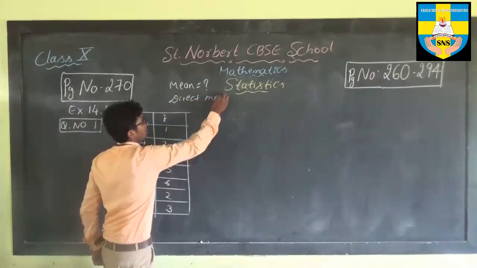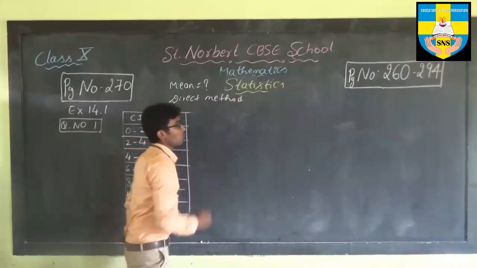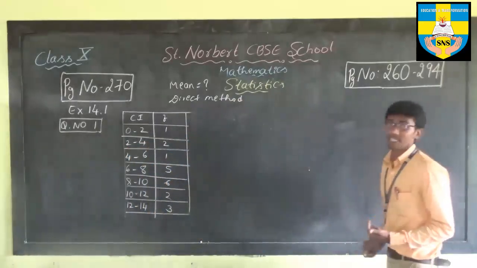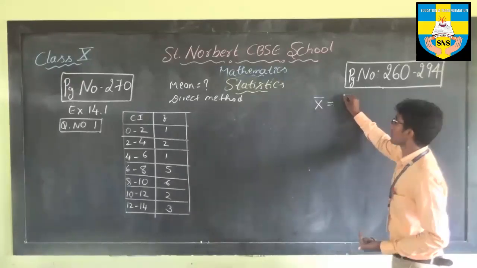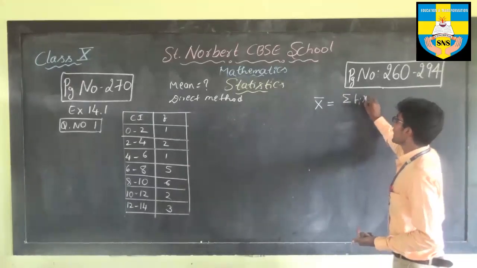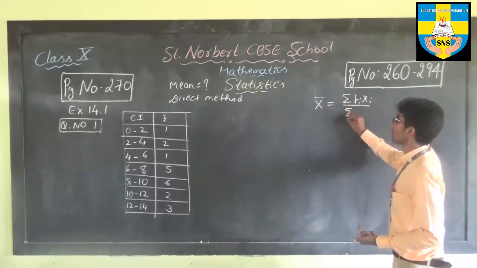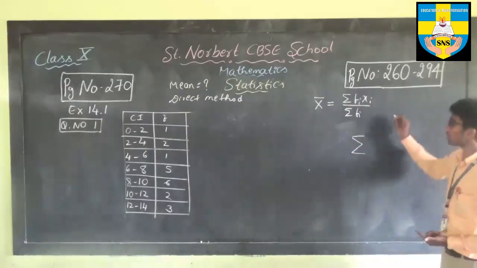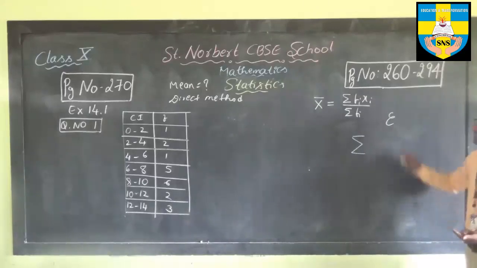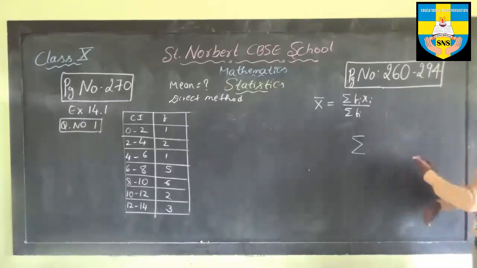When it comes to the direct method, which is the formula? The formula, as I explained, is x bar is equal to summation of fi xi divided by summation of fi. Be careful, this symbol you have to write like this, not like an e. This is the Greek letter sigma. It is pronounced as summation.